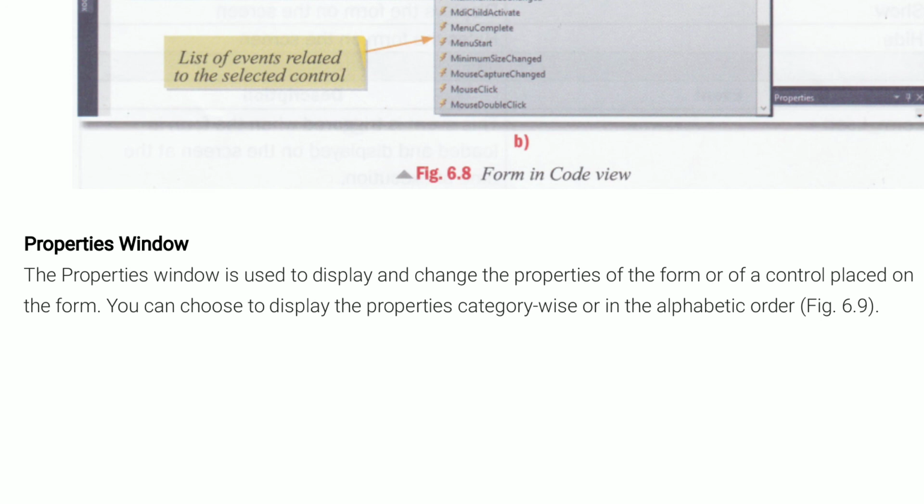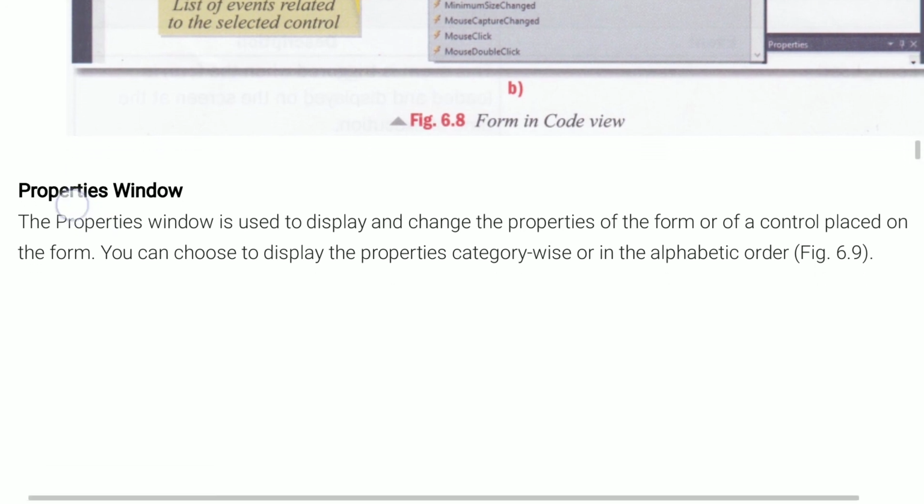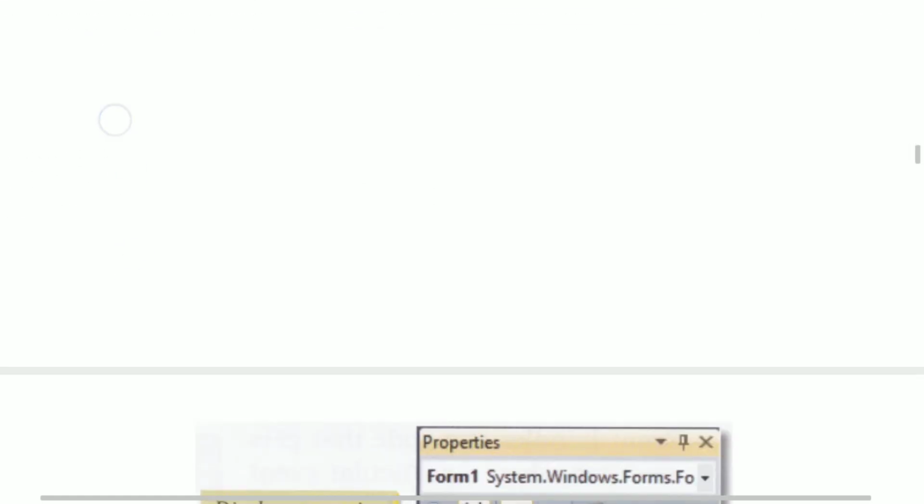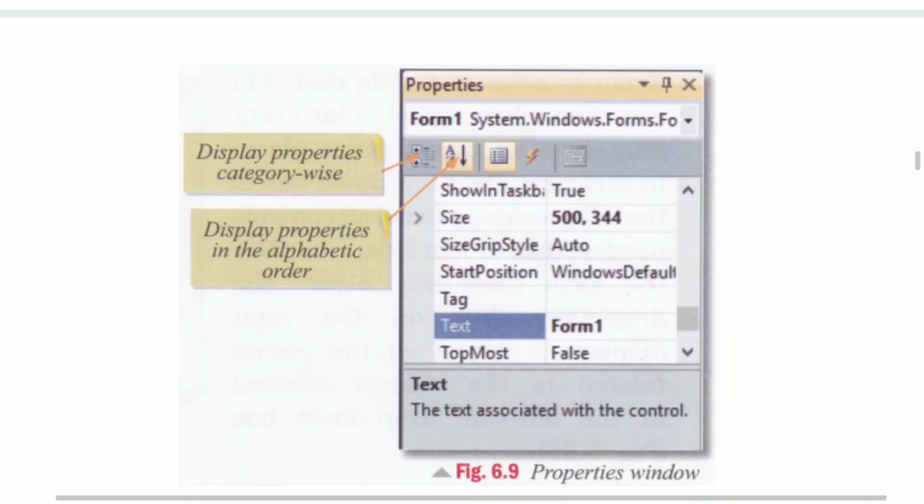At the time of designing the form window or application window, this properties window is used to display and change the properties of the form or of the control placed on the form. We can choose to display the properties category wise or in alphabetic order, as you can see also in the picture.